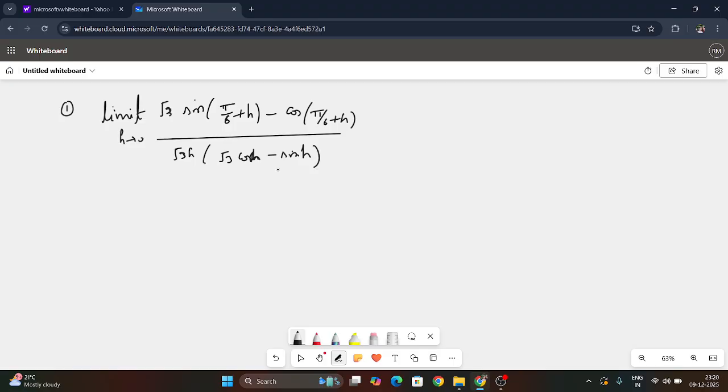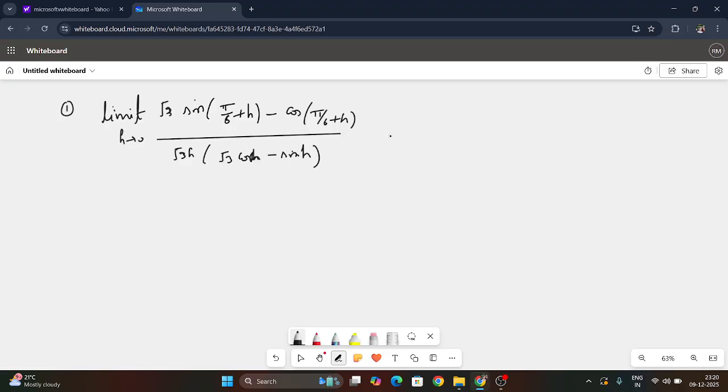First, if you observe the question very carefully, there is a root 3. So what you can do is divide by 2 and multiply by 2, and do the same thing in the denominator too.